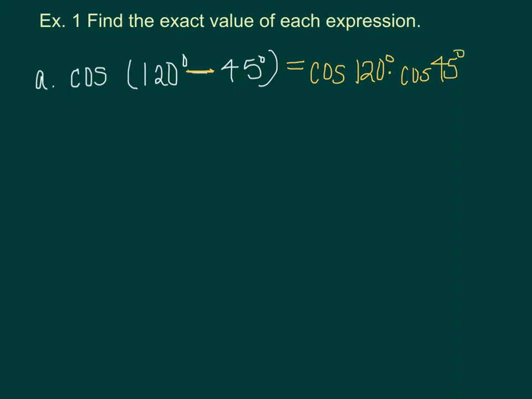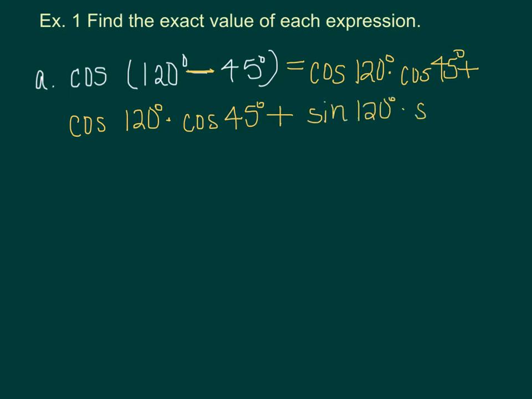And it's always opposite of the formula. So since it's minus, you do plus. Let me write it over here. Plus sine of the first angle times sine of the second angle.